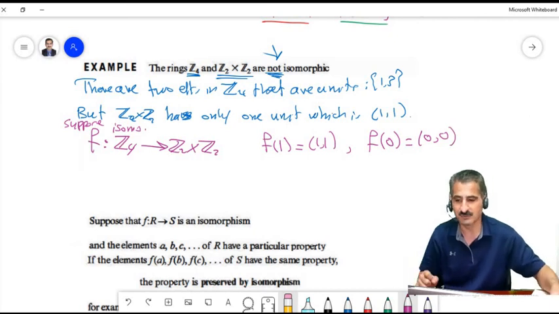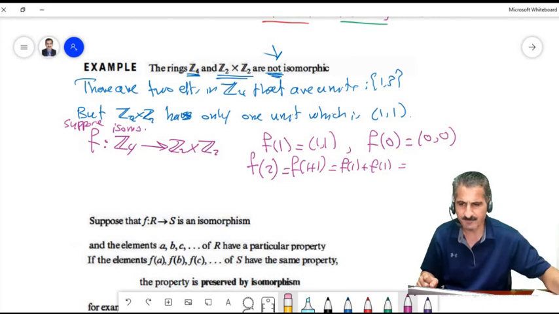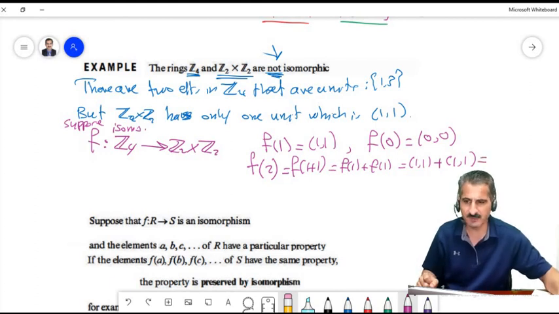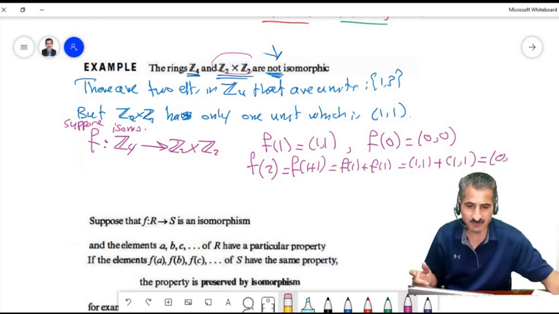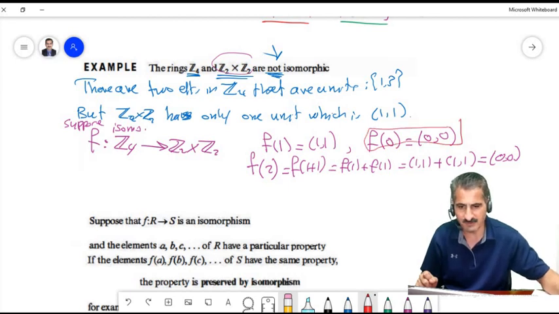And it will take f of 2 to f of 1 plus 1, which is f of 1 plus f of 1 again. But what is f of 1? f of 1 is (1, 1), plus (1, 1) again. And we are working in Z2 cross Z2, so we get (2, 2), which is (0, 0).